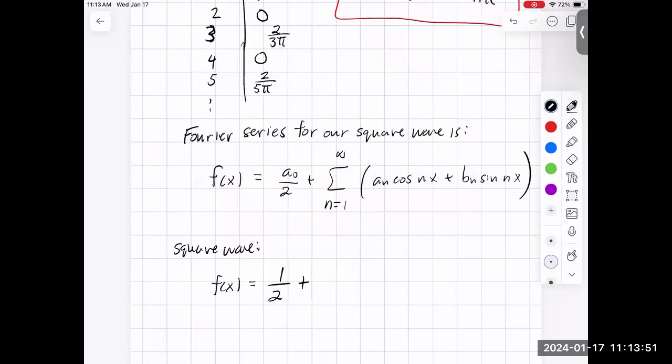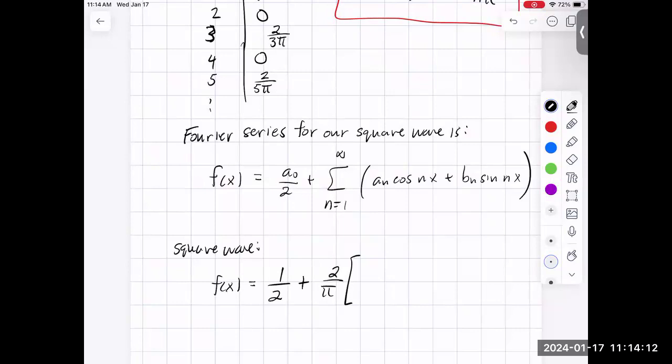We don't have to write out any cosine terms because they all vanish. So we only have to write out the odd Bn terms. And all of the odd Bn terms are going to have 2 over pi. So I'll put my 2 over pi here. And then we'll write out the odd terms of sine nx. And we just have to remember that we have to divide by n.